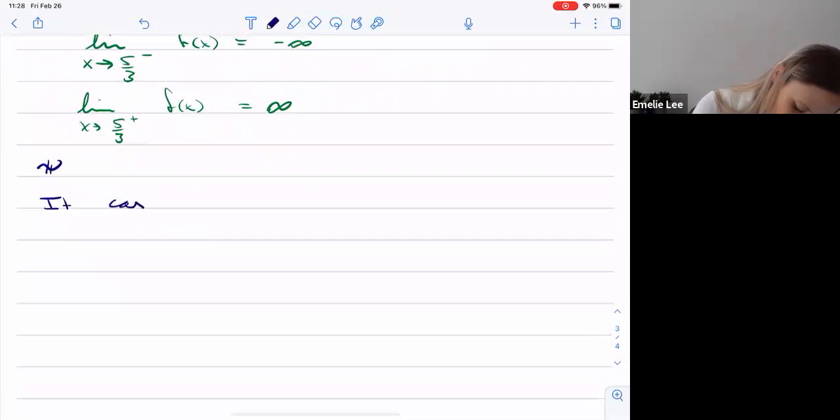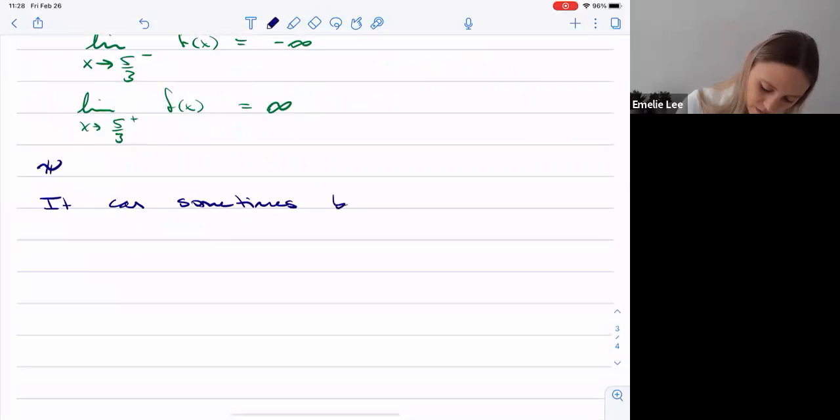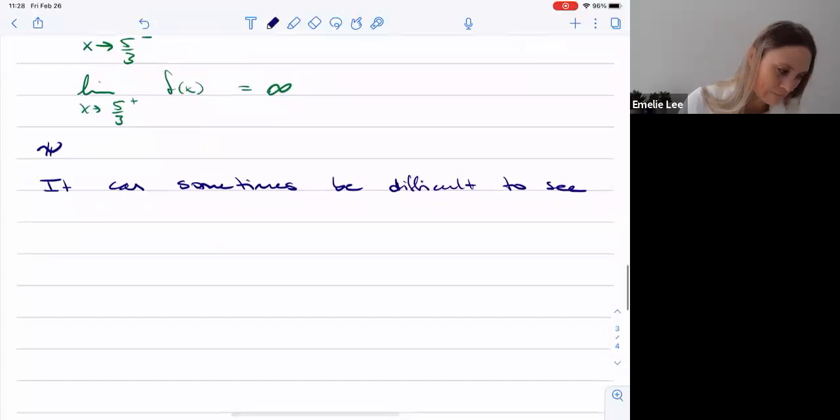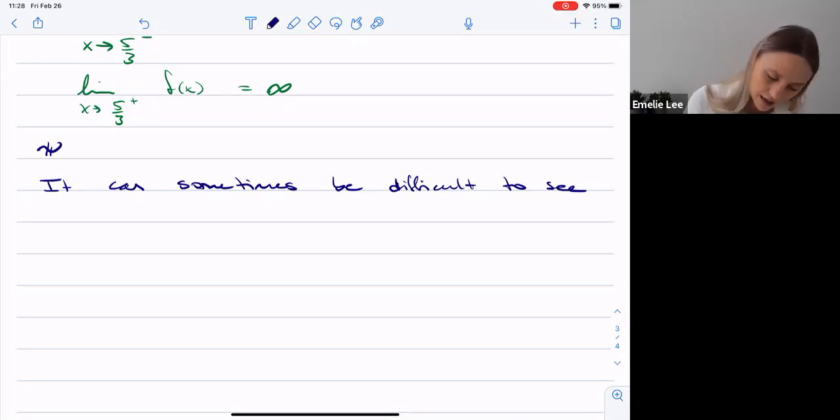It can sometimes be difficult to see how a function will behave as x is going to plus or minus infinity, right? And especially if you don't have a rational function, we don't have any tools for dealing with that yet. Okay?